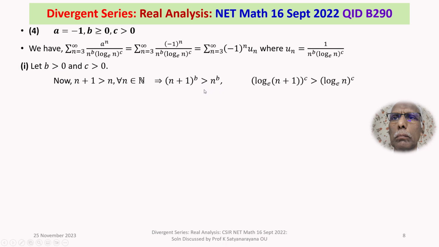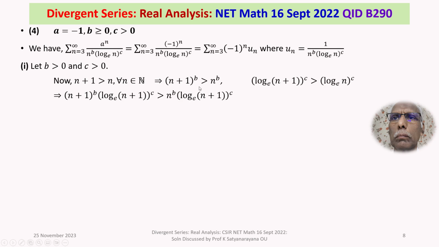Agreed. And (log(n+1))^c is always greater than (log n)^c. So we multiply both sides by (log(n+1))^c, and the inequality is maintained because it is positive.